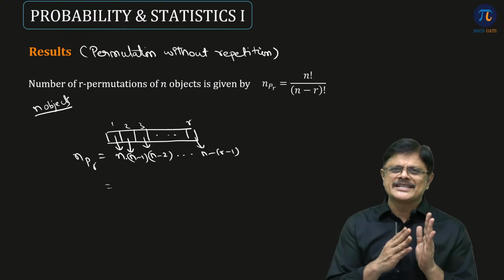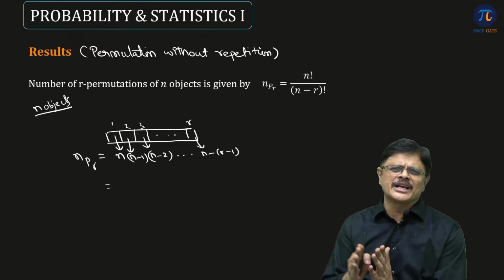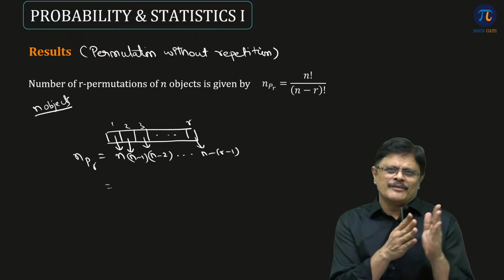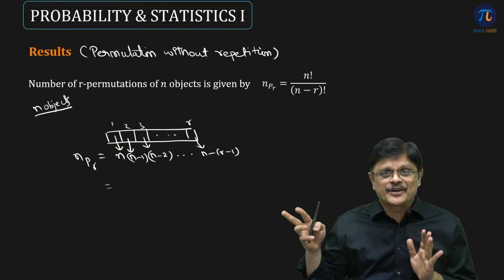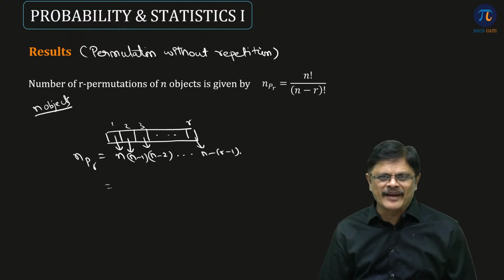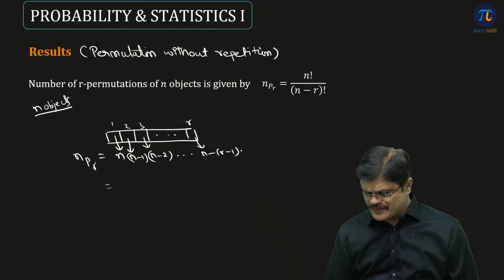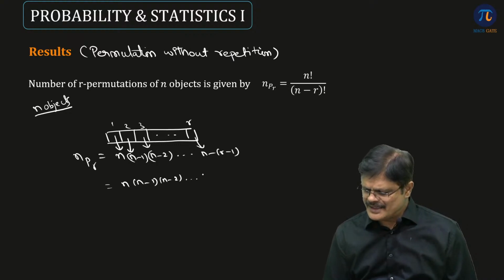Actually, here if you observe, it is n into n minus 1 into n minus 2 and so on. If it went up to 1, it would be n factorial. But it is not going up to 1. So, what I do is, I complete this product with the missing terms.